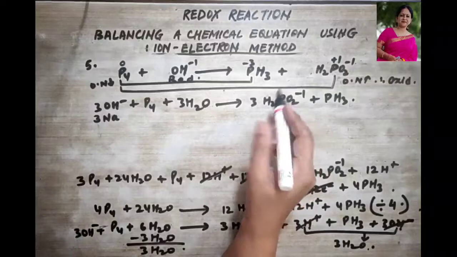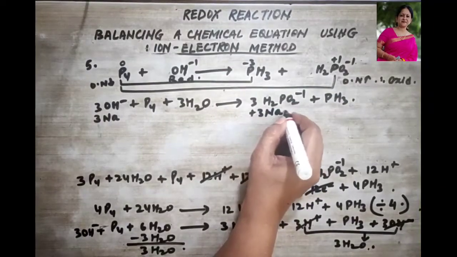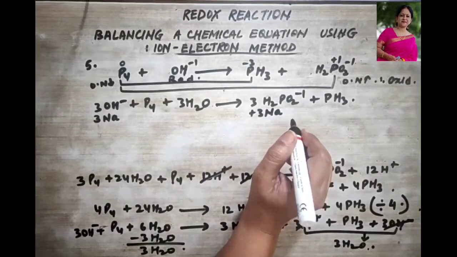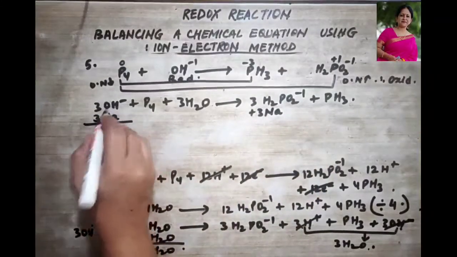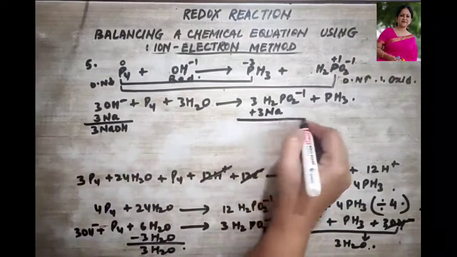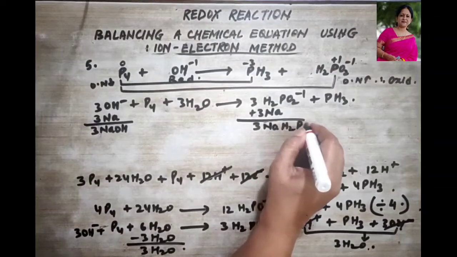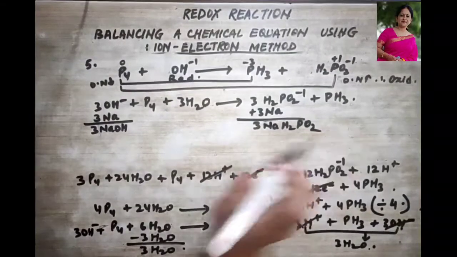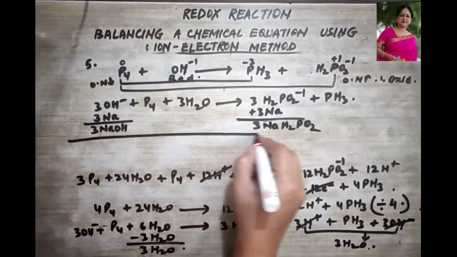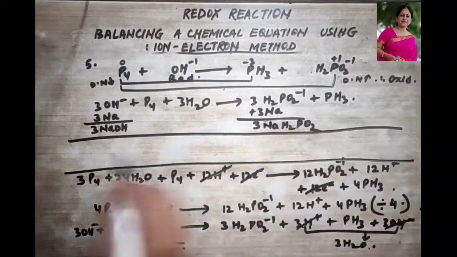H2PO2 how many? 3. So over here also we have to take 3 sodium atoms. So this is going to give us 3 NaOH and this is going to give us 3 NaH2PO2, right?